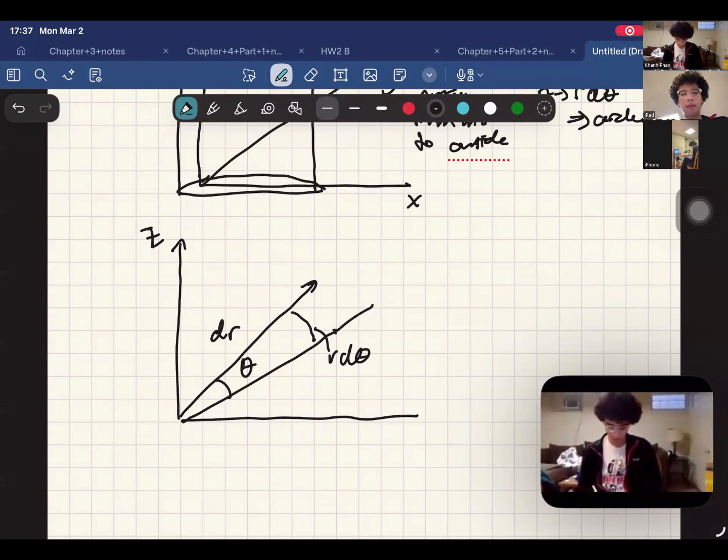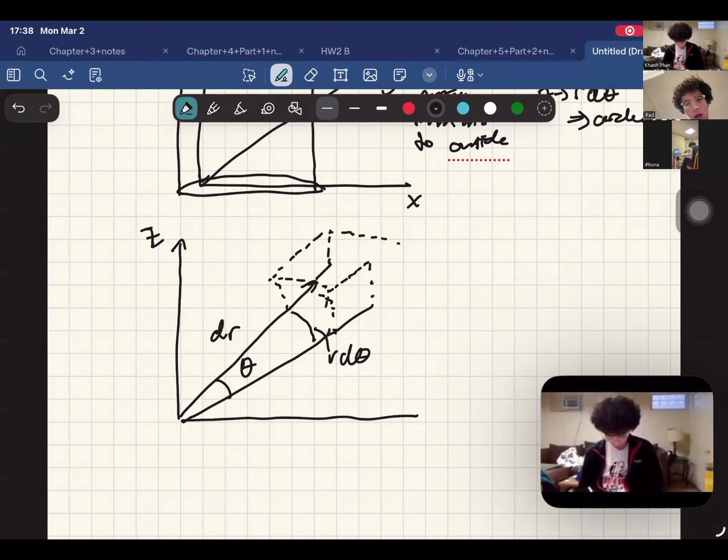And then when we make an extension over here, we can actually draw a 3D illustration. My drawing's very bad, but trying my best. Something like this.